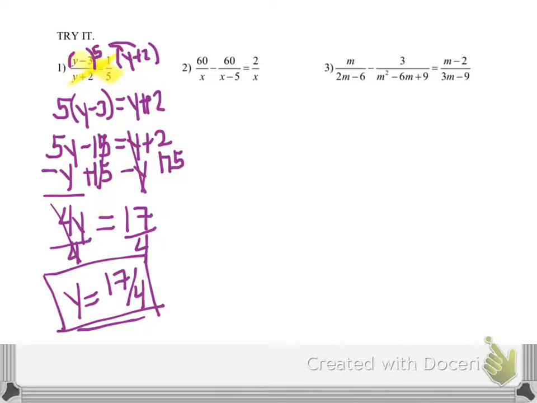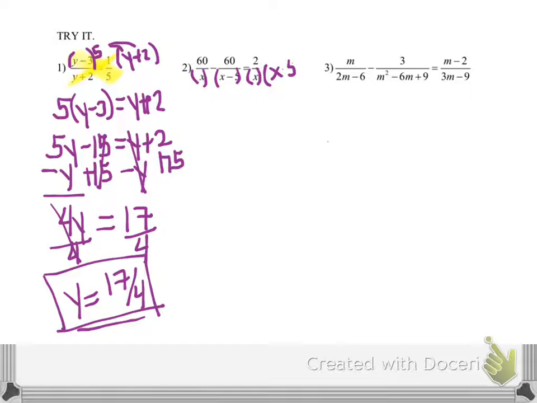Okay? Looking at number 2. The least common denominator would be this factor x and this factor x minus 5, right? So the key is multiply. This one's missing an x minus 5. So I'm going to multiply by x minus 5.